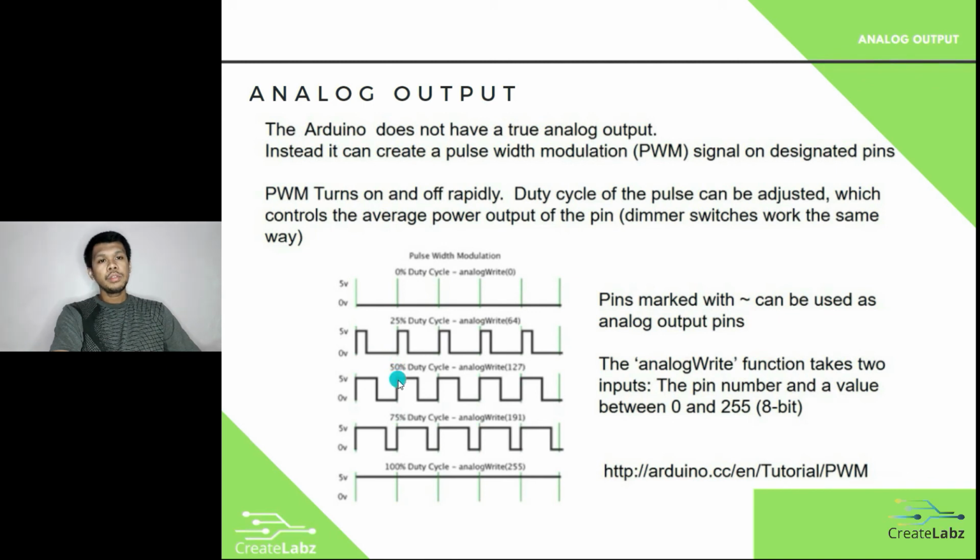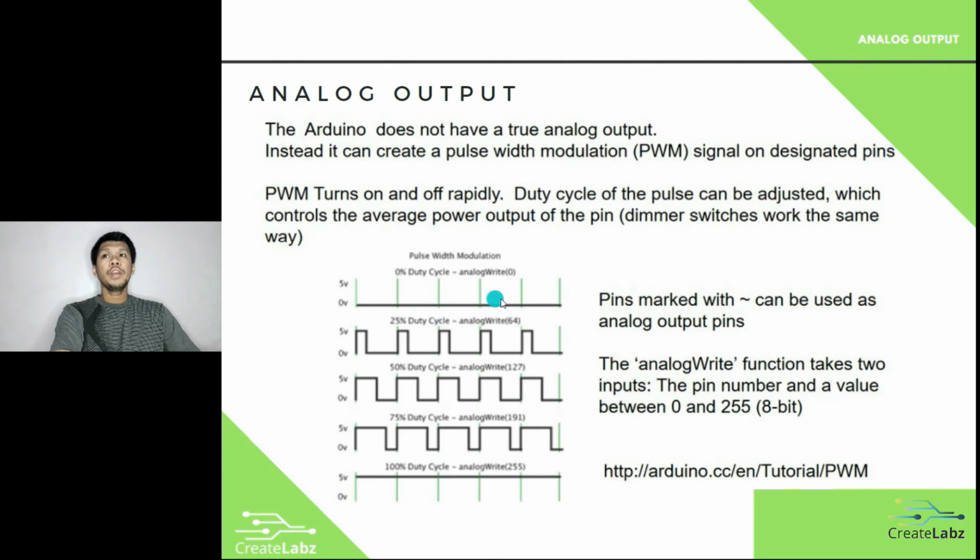For 50% duty cycle, 50% of the time it's high, 50% of the time it's low. For 75% duty cycle, 75% of the time it's high, 25% of the time it's low. For 100%, it's high all the time. For 0%, it's low all the time.